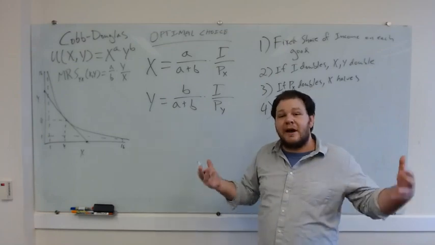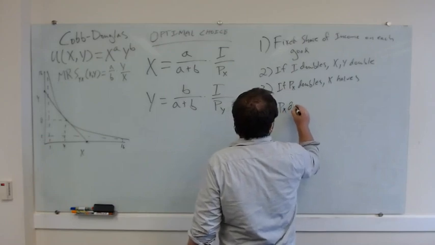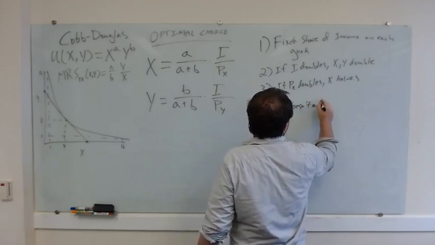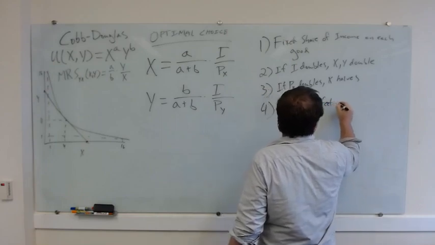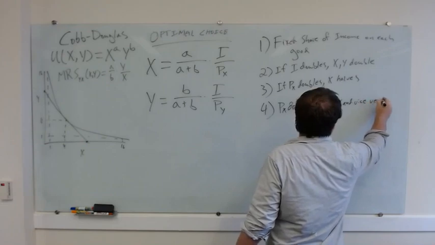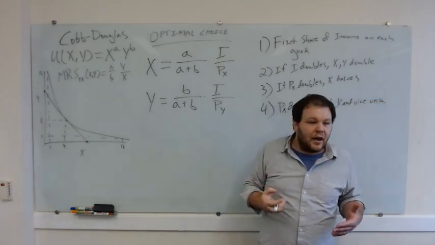It hasn't affected the size of house that I'm going to buy at all. So Px doesn't affect Y, and vice versa, which we can also think of as having a cross-price elasticity of 0.